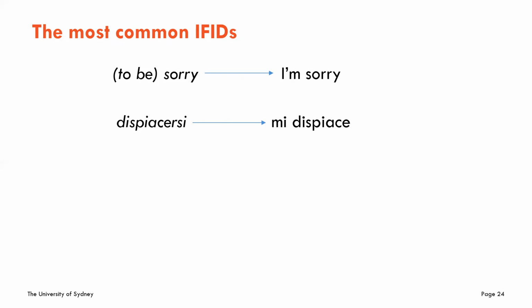So really we've got that kind of pronoun at the beginning and then the apology phrase or apology word, the sorry and dispiace. So there does seem to be a bit of alignment here, and we could see how learners might clock on to I'm sorry and mi dispiace being equivalents of each other, and how mi dispiace might be very easy to remember when the most common apology in English is I'm sorry.